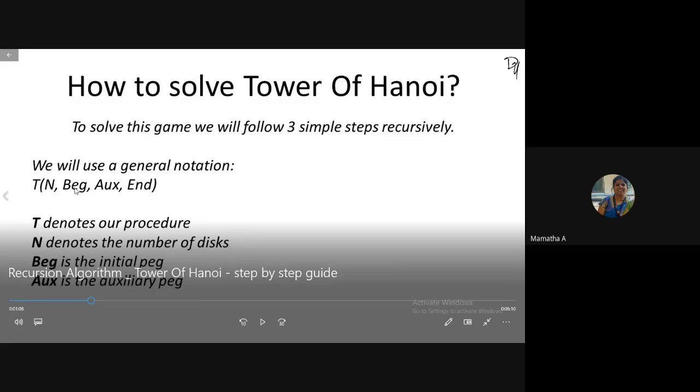You are transferring from beg to end using auxiliary. This is my final goal: I should transfer all the n discs from beg to end using auxiliary.